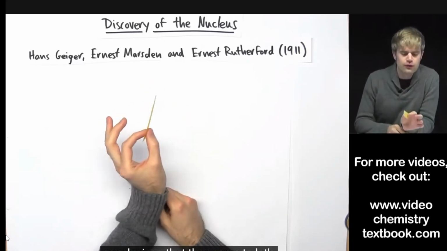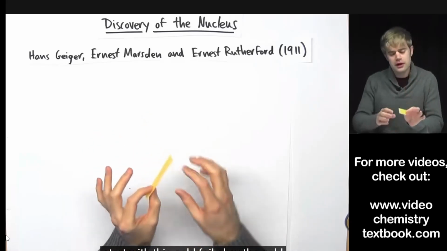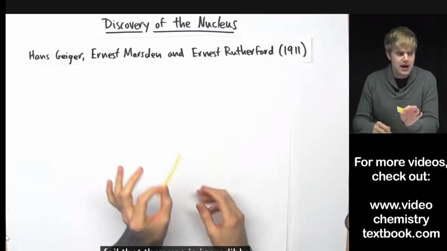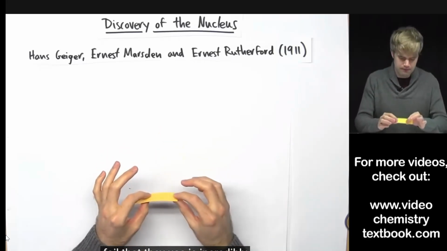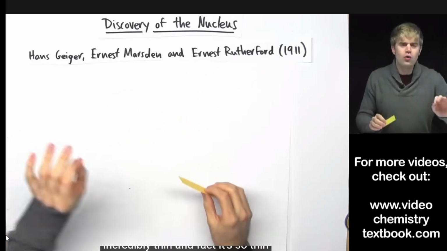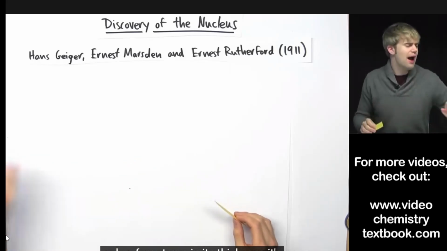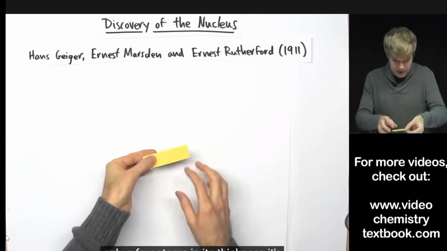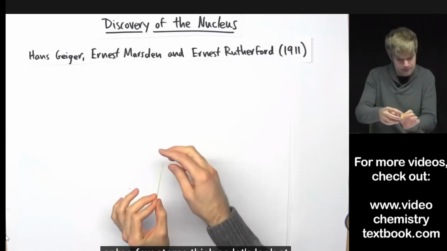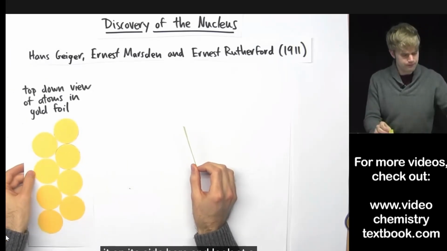Let's start with this gold foil, okay? The gold foil that they use is incredibly, incredibly thin. In fact, it's so thin that these guys reason that it's only a few atoms thick. So let's look at it on its side here and look at a magnified view of the gold foil.